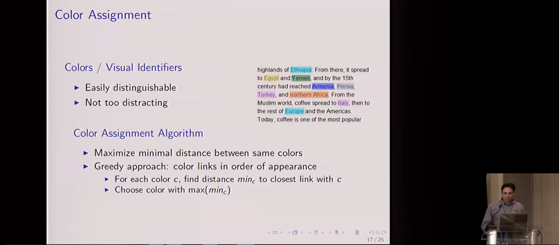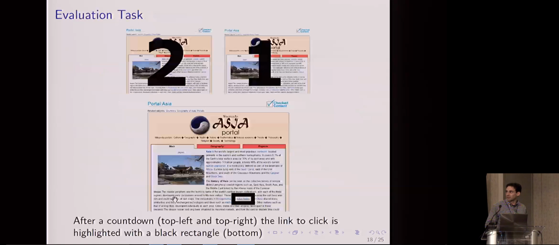And you can do that with a very simple greedy algorithm that we have used, which is efficient and produces really good results, where you basically just iterate through the links. And for each link, you go through all the colors. You find the minimum distance to the closest link with the same color, and then you choose the color where the minimum distance is the biggest. And that can be done really quickly.